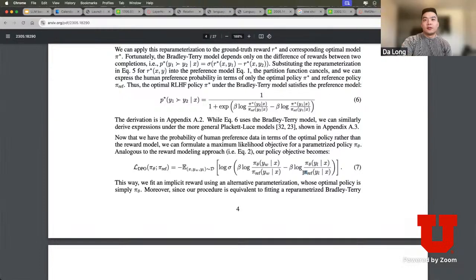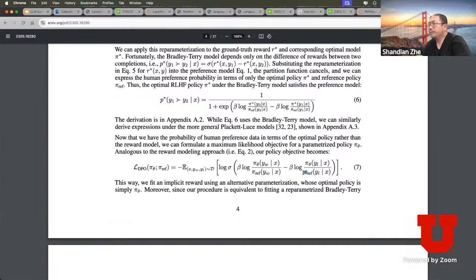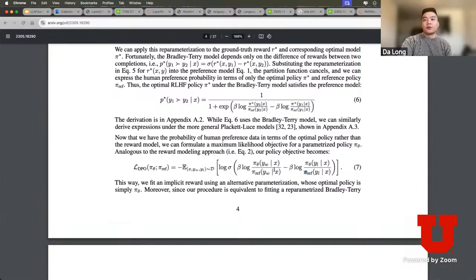Okay. So this reference model can be viewed like the pre-trained model, right? Yeah, the pre-trained model. You don't want your fine-tuned model to be too far away from the pre-trained model.